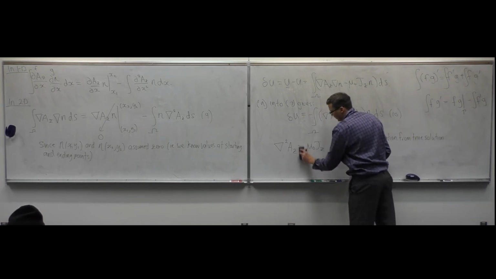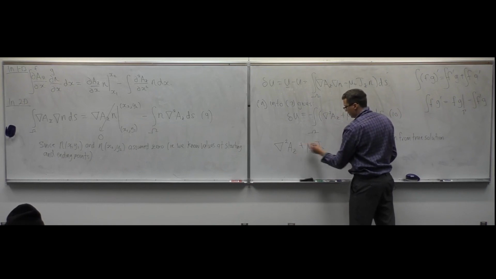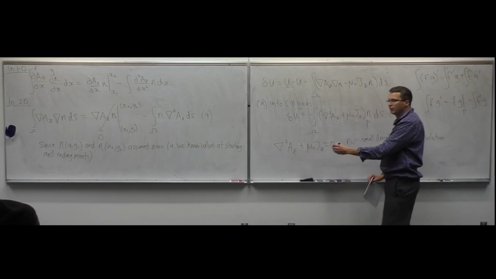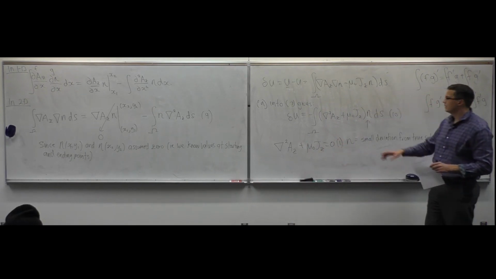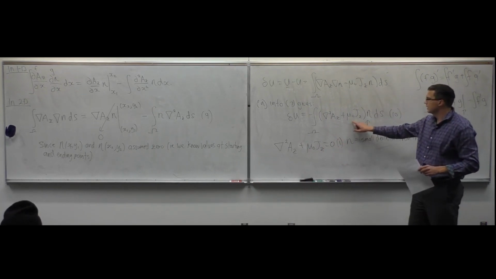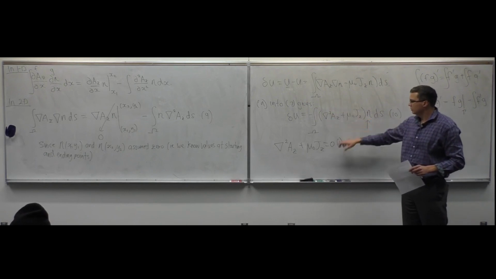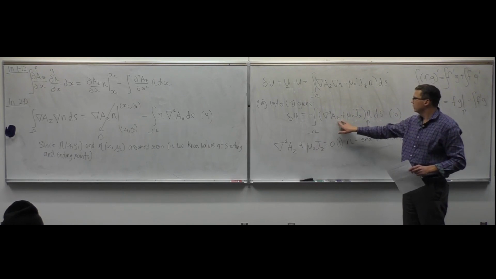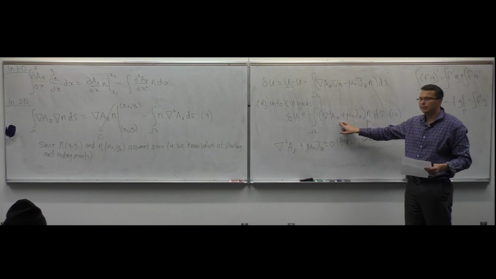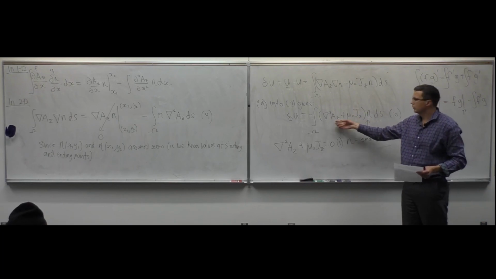Because equation 1 could be written like this. So what this is saying is that if this is equation 1, if we put this into an integral and tried to find the minimum of it, that would give us the solution.